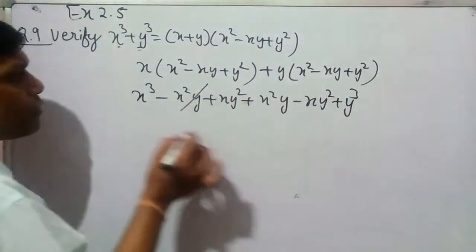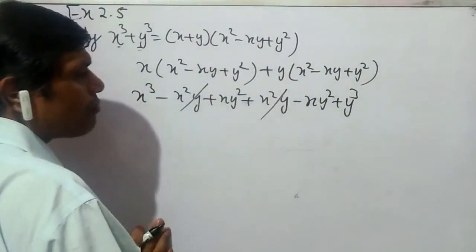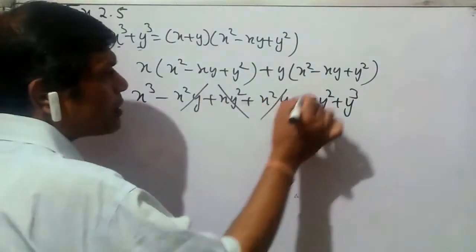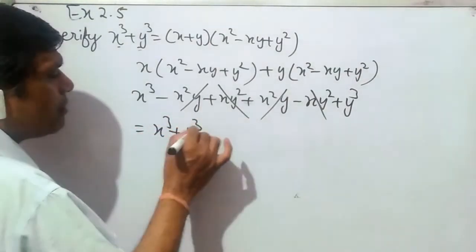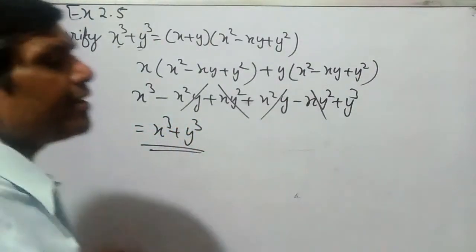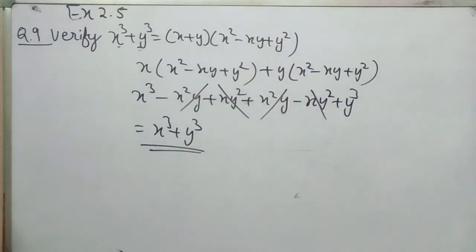What are getting cancelled? X square y, xy square, positive and negative, and we are getting x cube plus y cube. We can do it in both the manners because we have only to verify. But if the question comes, prove that, in that part we have to do the first method.